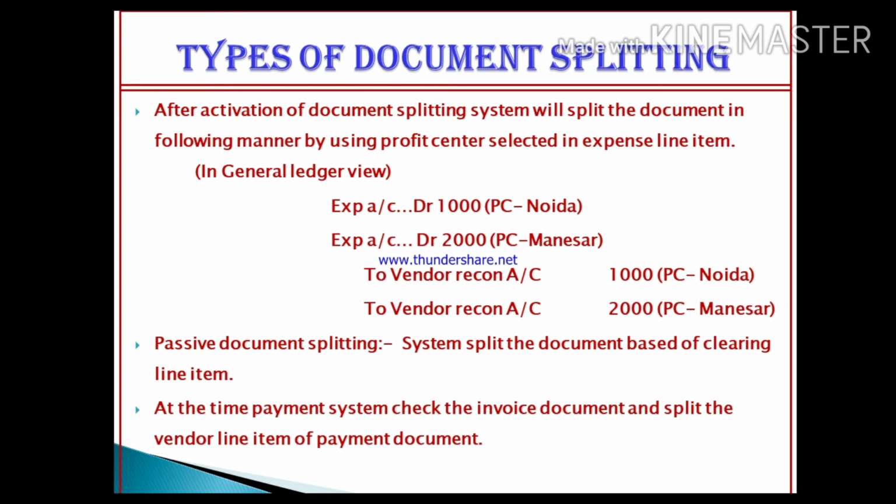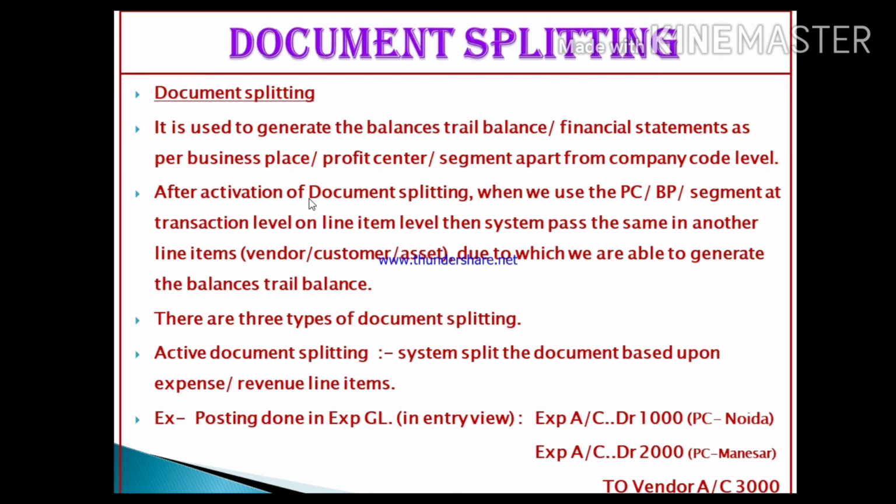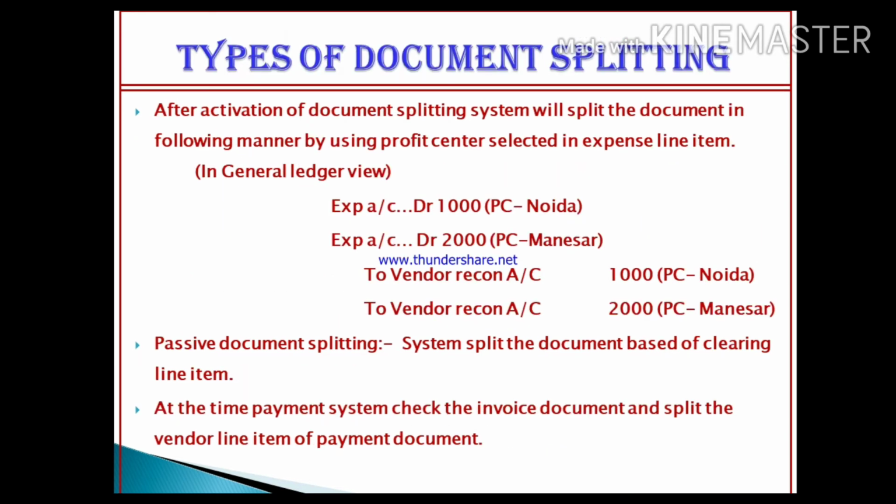But after activation of document splitting, what does the system do in the general ledger view? Here I am following the same example, so that your concept will be clear on what happens after activation of document splitting.